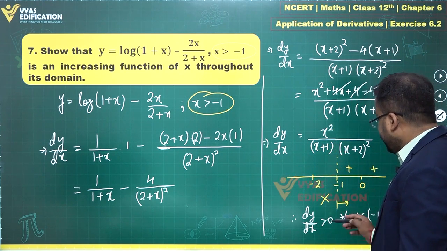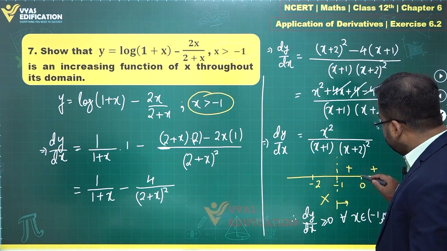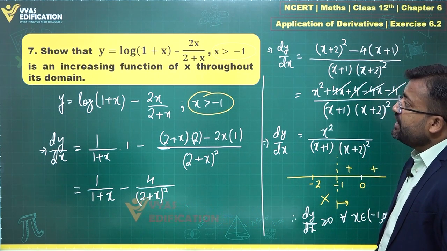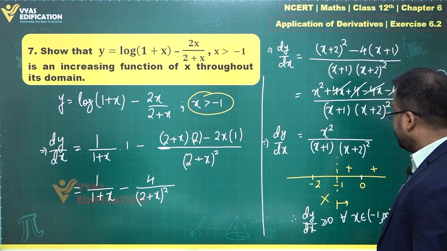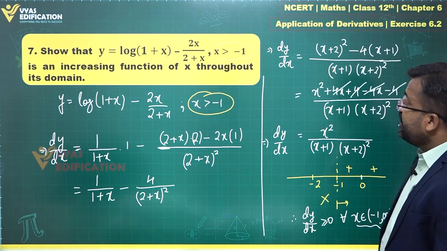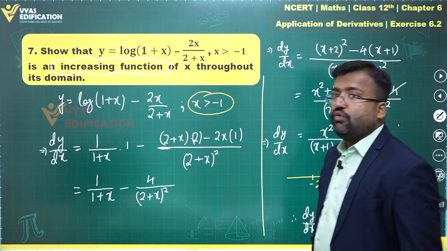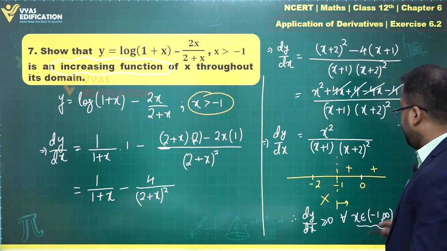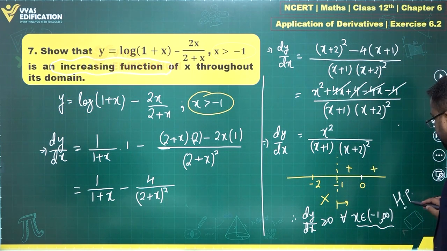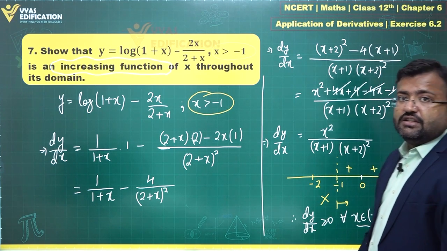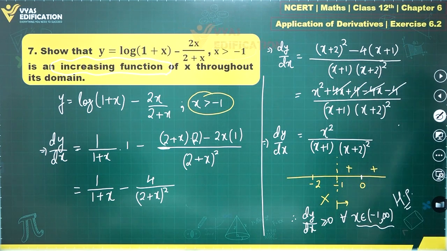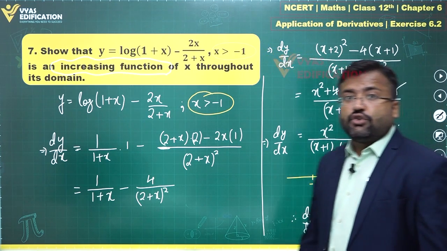You can say at this 0, the derivative will be equal to 0. So you can say that the derivative is greater than or equal to 0 for all x belongs to this, which tells me that yes, the function is increasing throughout its domain. That's what you can comment, and that's the complete proof of this part. Is that all? Yes, that is all in this question. Let's move on to the next question after this.